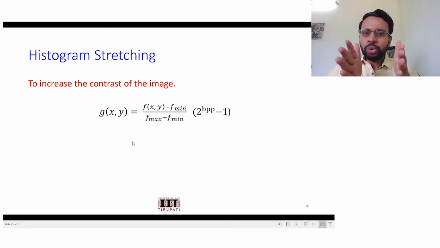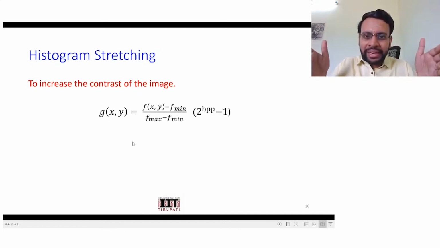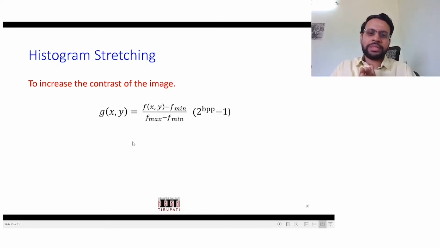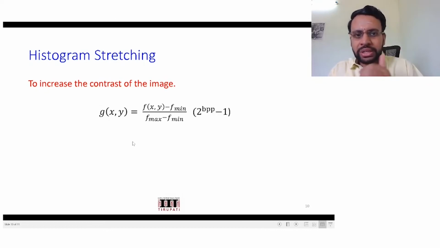What you could do is spread it across the whole range. Assume that you have an image in which the intensities are between 50 and 100. Now this 50 could go to 0, this 100 could go to 255, and then you could distribute all the rest of the intensities proportionately. That's what histogram stretching does.